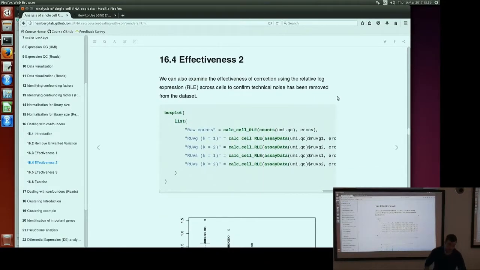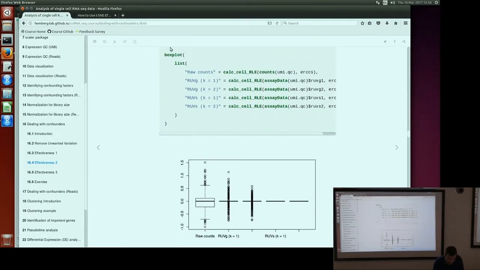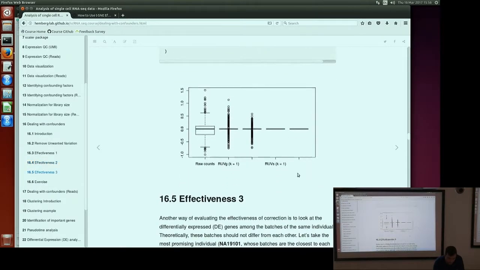As we did in the normalization chapter, we can also examine the effectiveness of corrections using the relative log expression that Tallulah introduced, and confirm whether or not technical noise has been removed. If we produce this box plot going from raw counts to RUVg K equals 1, K equals 2, and RUVs K equals 1, K equals 2, we see that the relative log expression distribution for raw counts is very broad.